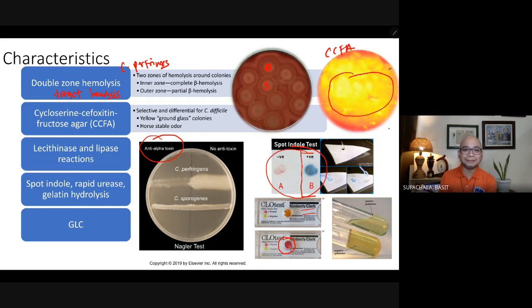Usually it's a rapid test for Clostridium, that's why they call it the CLO test. And then we also have here the gelatin hydrolysis, the ability of the organisms to liquefy a gelatin agar. That's the principle of the gelatin hydrolysis test. And of course, the gas liquid chromatography. Among these, some are routinely done in the microbiology lab, and the gas liquid chromatography could be sent out to a specialized chemistry laboratory.